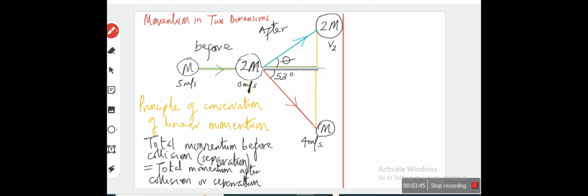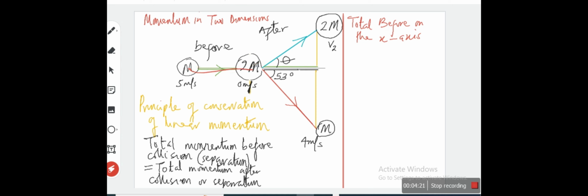Okay, so let's write total momentum before collision. But then, because two dimensions are involved now, we need to work in those dimensions. So total before on the x-axis is 5m, because it's actually on the x-axis.